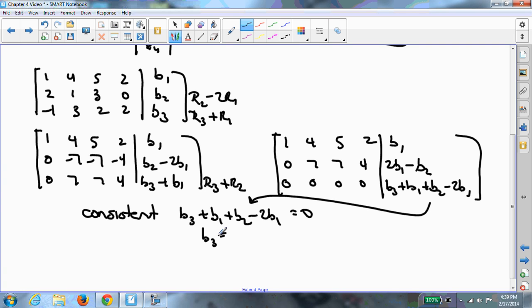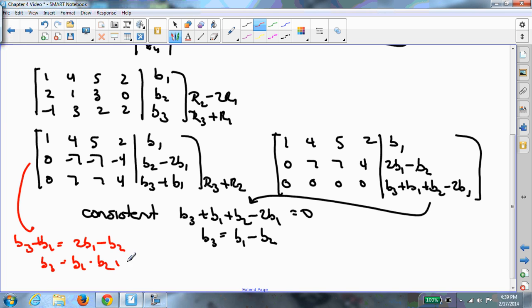Let me check that. So if I go up here, this means that b3 plus b1 basically has to equal the opposite, 2b1 minus b2. So b3 equals b1 minus b2. Okay, we're good. So b3 has to equal b1 minus b2.